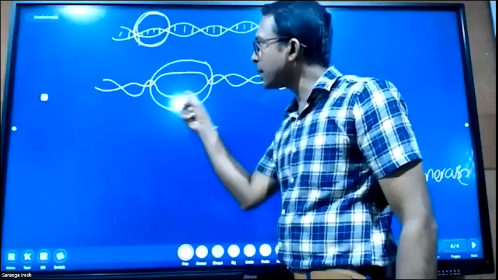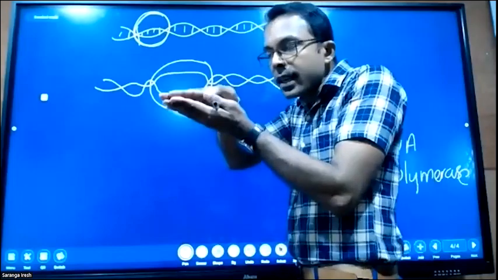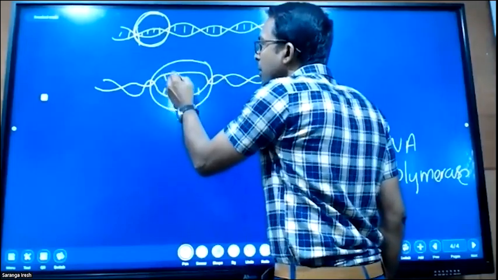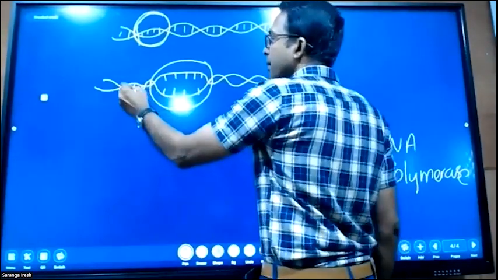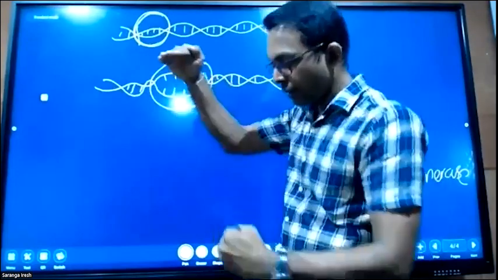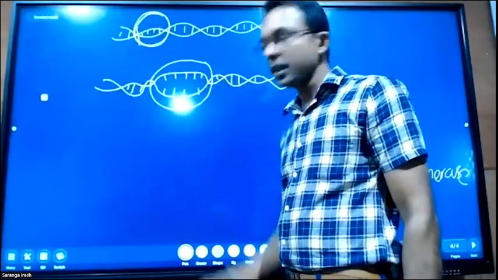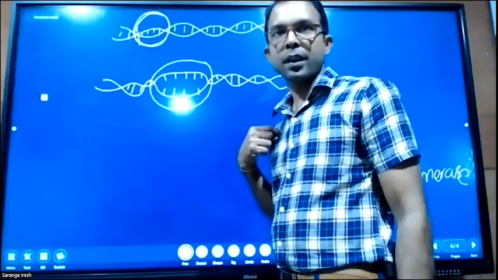In that particular region only, it creates a loop-like structure. Two strands get separated because of the action of RNA polymerase. It breaks the hydrogen bonds and separates the DNA strand in that particular region.